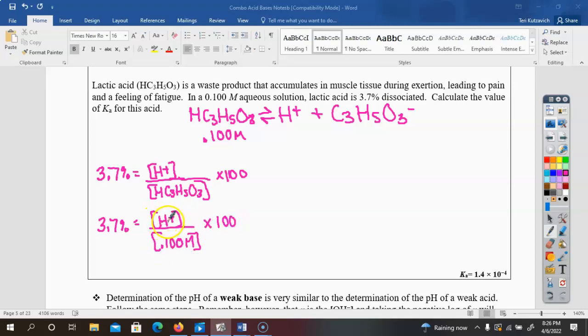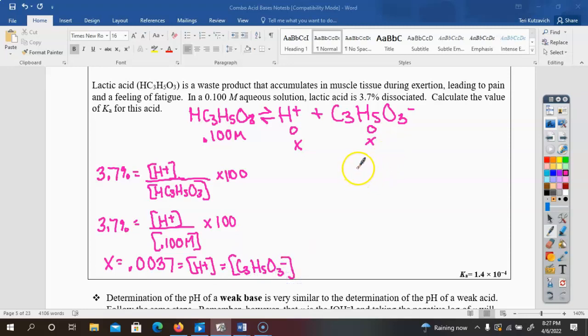Make H plus your x. X comes out to 0.0037. Well, if we would have set up our little chart, x equals those, our H plus and our C3H5O3 negative.